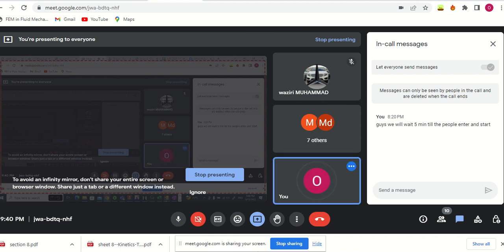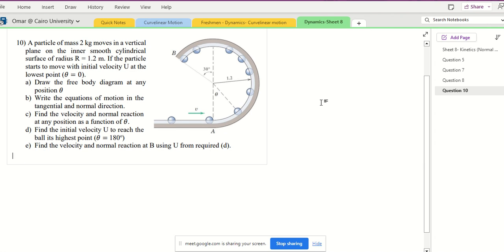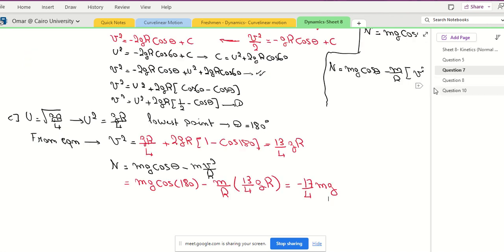Sorry, guys. Okay, so again, we just need to have only one condition, that V is greater than 0 at the highest point. Okay, so we are still in question 7.